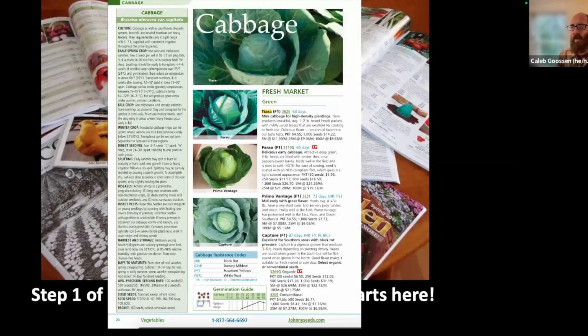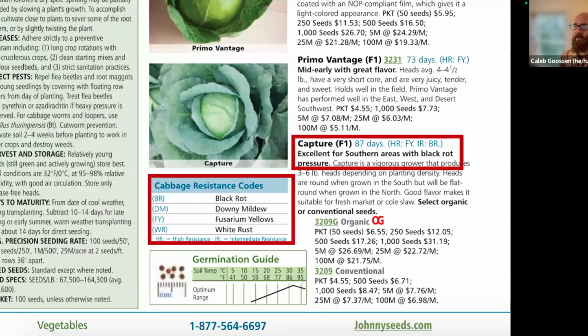As an example, I grabbed a screenshot or a scan of the Johnny's catalog a couple years ago. Say we're trying to look for what cabbage seed we are going to get. We'll zoom right in here. They list all of their disease resistance codes. You can see down at the bottom of that red box, there's HR for high resistance, IR for intermediate resistance.